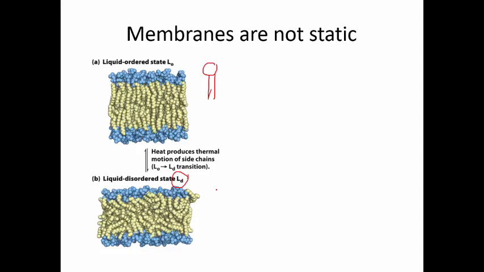In reality, all membranes are going to be somewhere in between these two, and where they lie on the continuum between liquid ordered and liquid disordered depends on the temperature as well as the type of fatty acids. So the longer ones tend to be more liquid ordered, and shorter ones tend to be more liquid disordered.